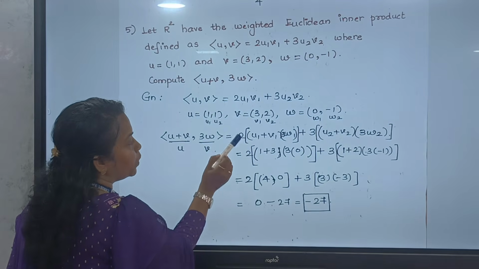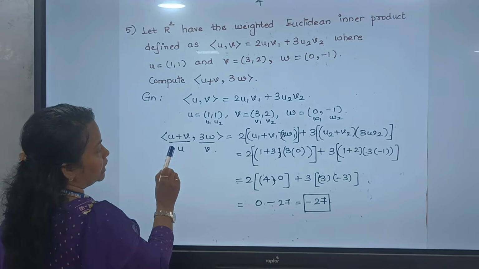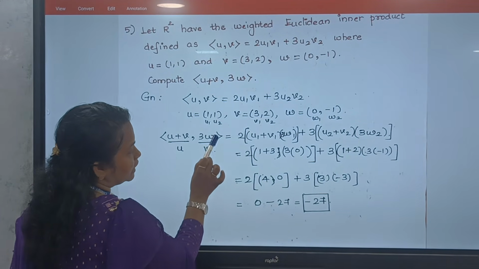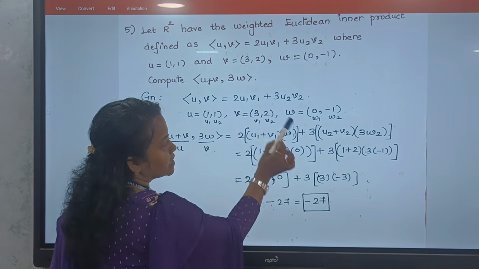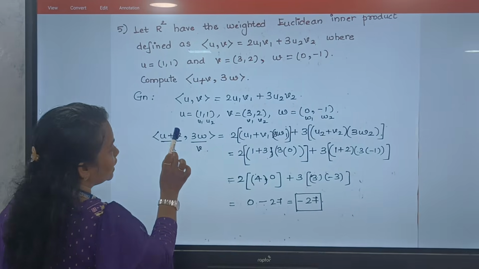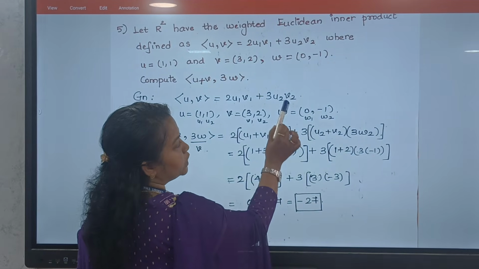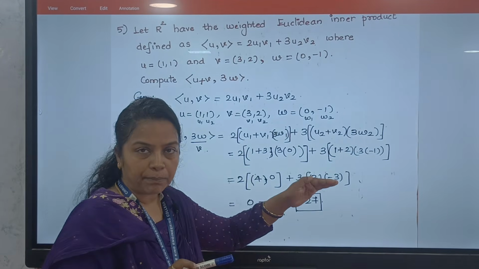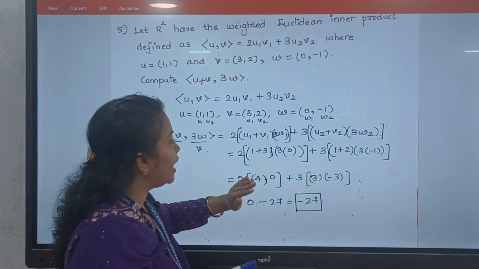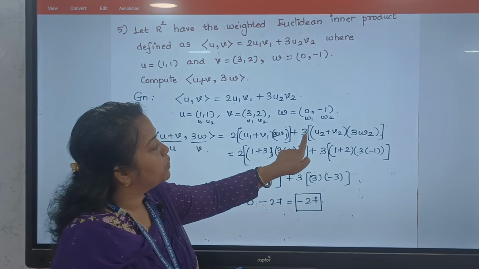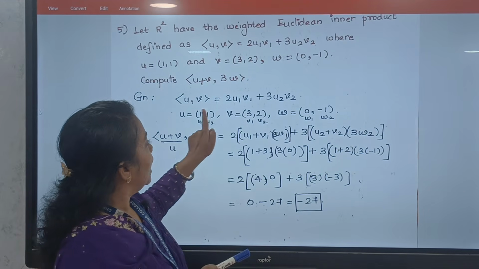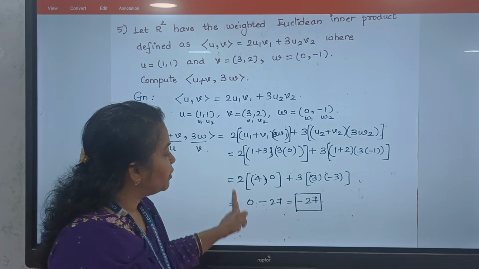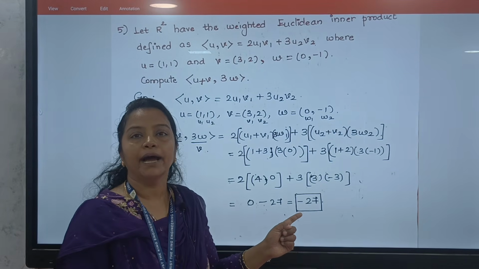So 2 into u1 plus v1 into 3w1, plus 3 into u2 plus v2 into 3w2. We don't need to multiply and solve it out. The values of u1 v1 w1 u2 v2 w2 are already given, so substitute all those values and simplify, and what we get is minus 27.